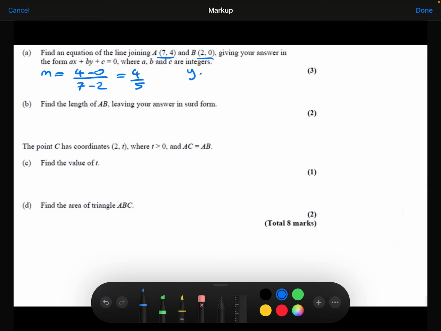So I can now say that y equals mx plus c. And I can substitute either point A or point B into this equation because the line goes through both of them. I'm going to substitute point B in. So the y coordinate is 0 when the x coordinate is 2.